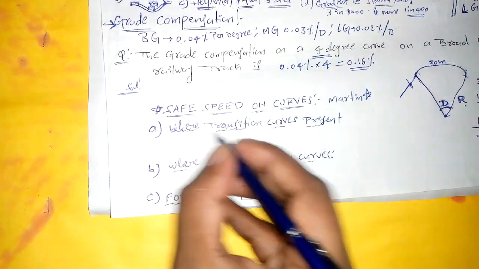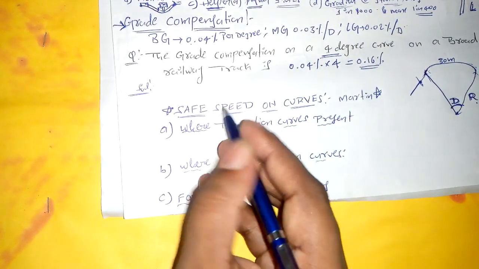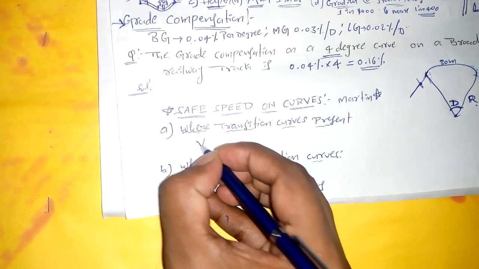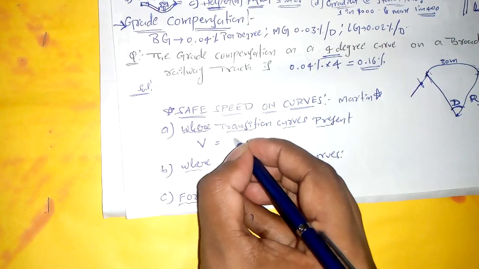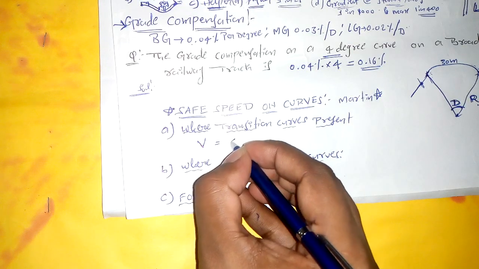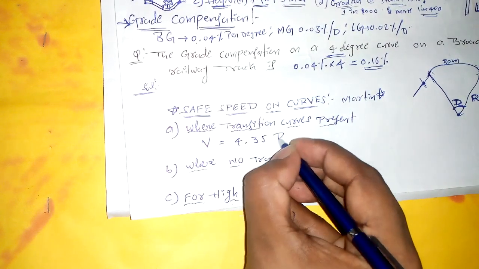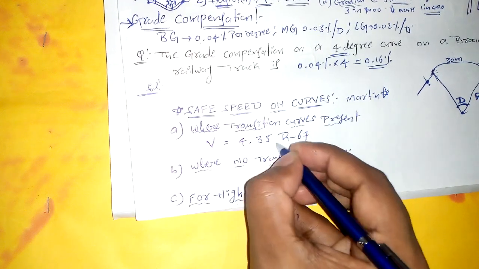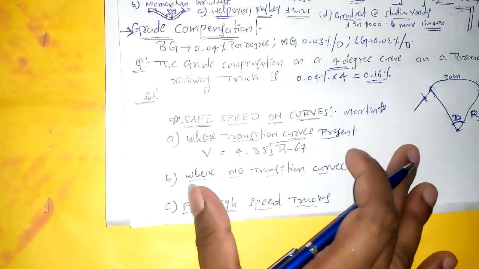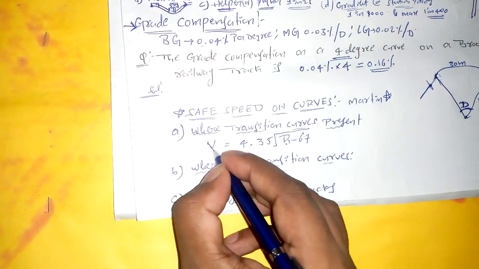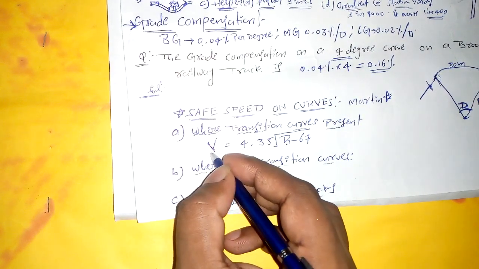So if a transition curve is provided, the safe speed of the train V in kilometer per hour is equal to 4.35 into root of R minus 67, where R is in meters and the speed of the train is in kilometer per hour.